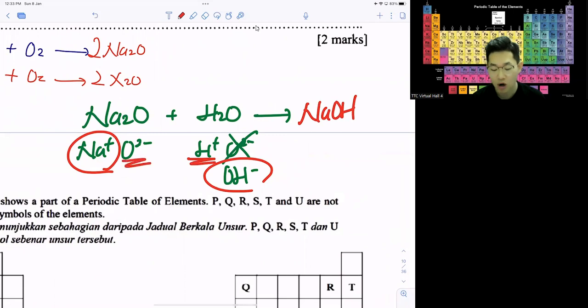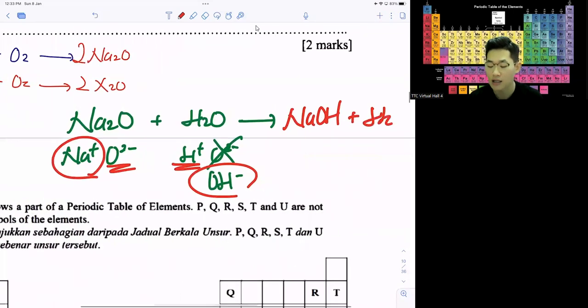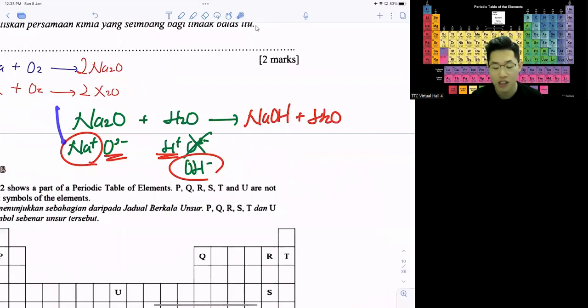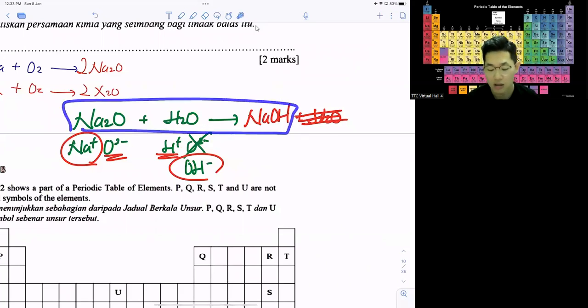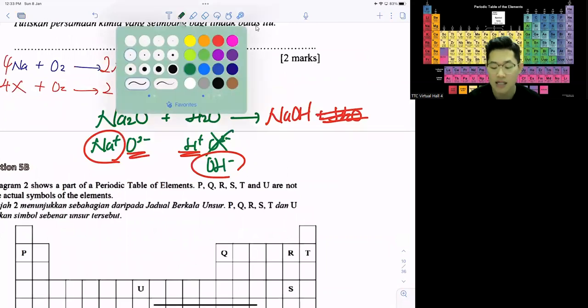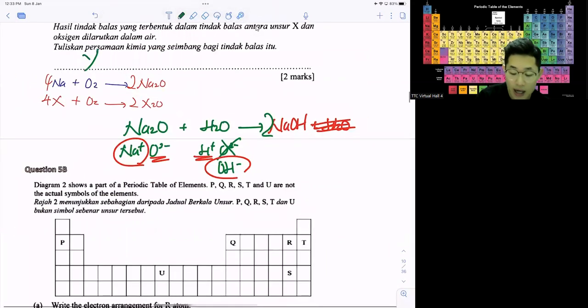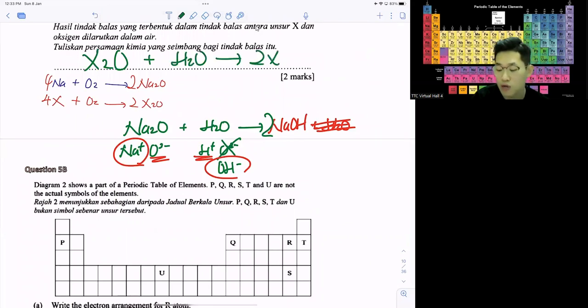H plus, O2 minus supposed to get H2O, right? But in one equation, 你不会找到同样的东西在左边跟右边的. You are not going to find the same thing on left and right. Already got water on left hand side. Don't copy it. Don't write another one on the product side. Then your equation is just like that. Change it back to X after you balance it. X2O plus H2O equals 2XOH.